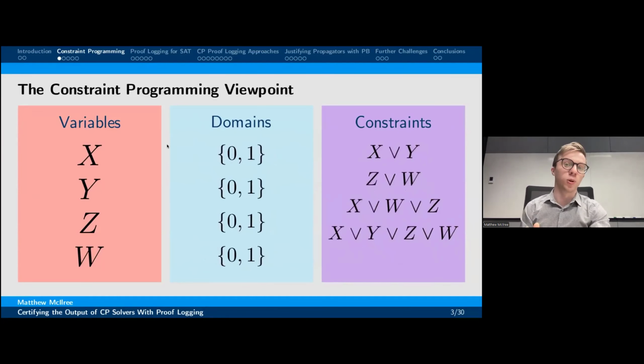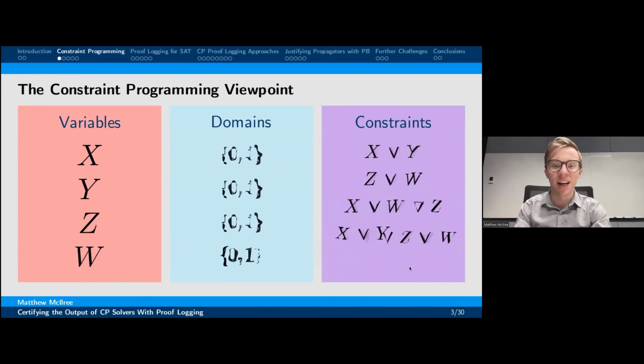So the well-known Boolean satisfiability paradigm is just a constraint programming problem where all the domains are 0, 1, true or false, and all the constraints are propositional clauses over those variables, a clause being evaluated to true if at least one variable in the clause is set to true. Of course, you can also have negations of variables. I probably should have put that in there.